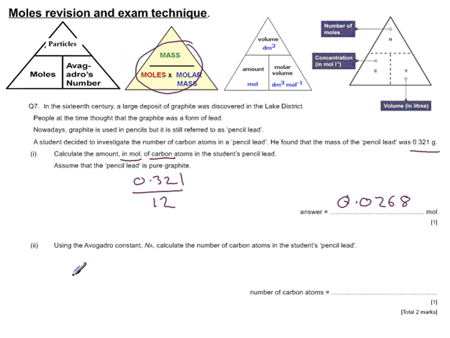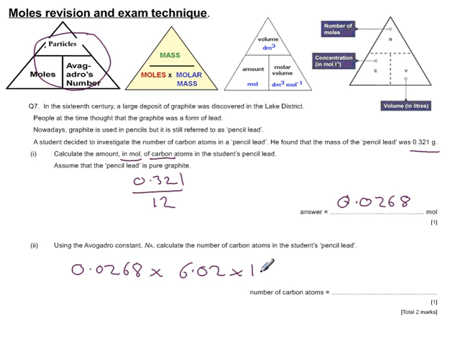The next part of the question says, using the Avogadro constant, which you need to learn, calculate the number of carbon atoms in the student's pencil lead. Okay, so we know the number of moles of carbon, and we know what you should know, the Avogadro constant, and so we are going to use this equation here. To work out the number of particles, then it's the number of moles multiplied by 6.02 times 10 to the 23.